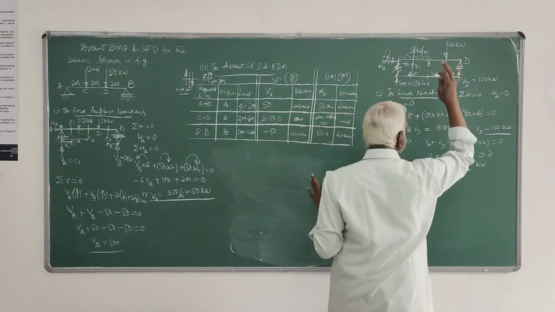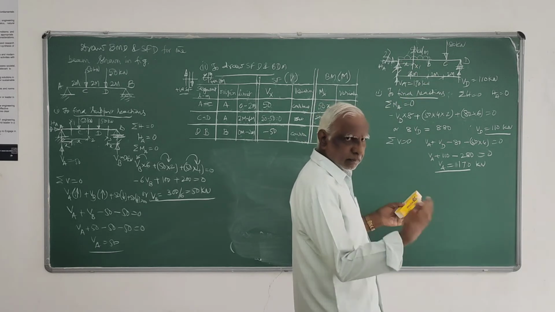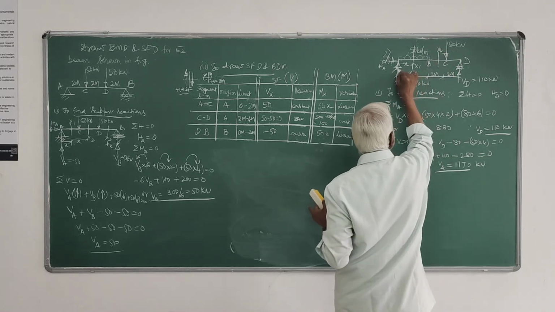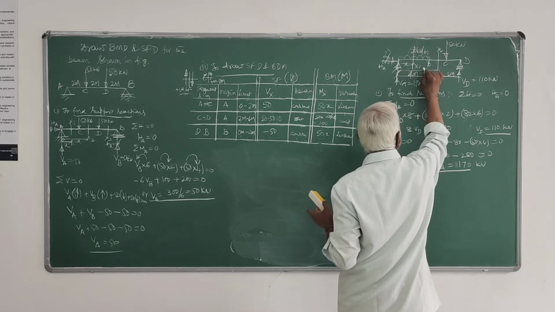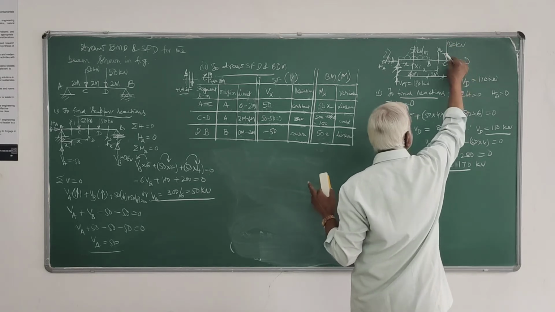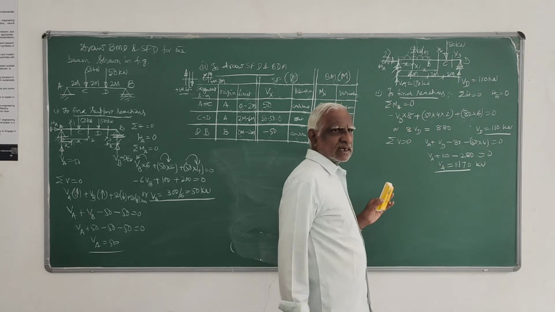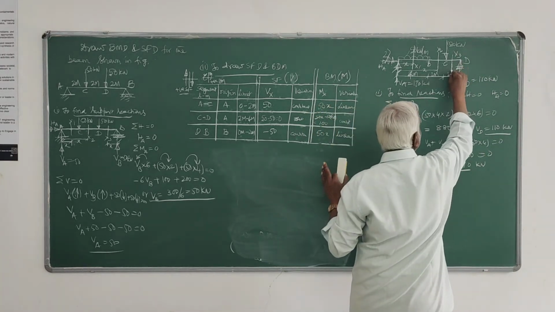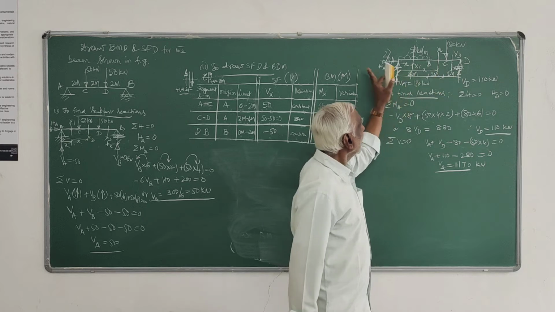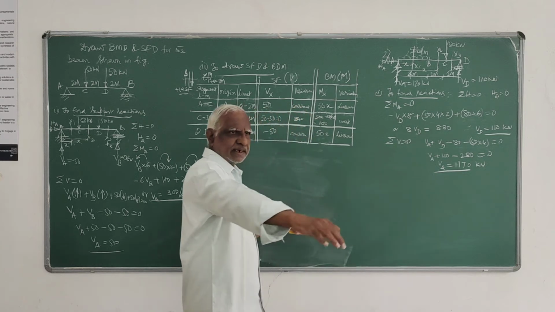The moment it crosses B, this load becomes 0, so I need another section X2 for the bending moment equation, also measured from left only. Then the moment you cross C, this becomes active, so another section is required. I will call that section F, and for this I will measure the distance from right. So from A to C I will measure from left, and C to D from right side. So it covers the entire beam.